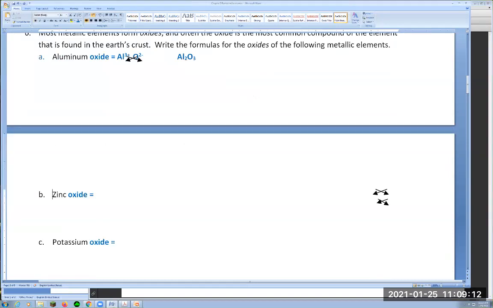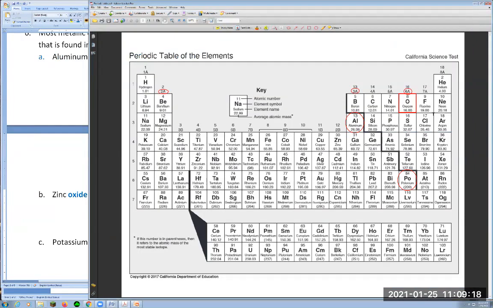Okay, let's name the second one, zinc oxide. Again, zinc is a metal. Zinc is here, part of the transition metals. Notice how it is in a B group. However, zinc is an exception, along with silver and cadmium. Let me emphasize that.